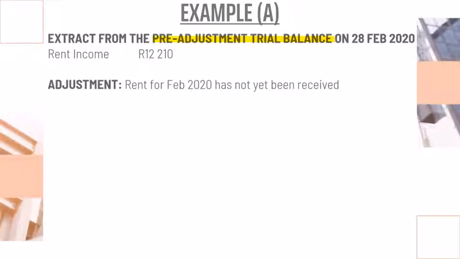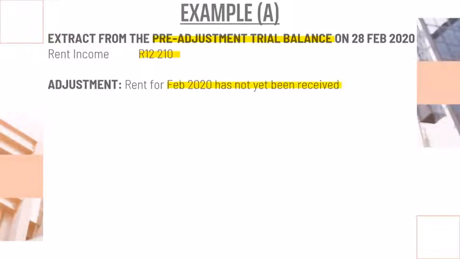The value for rent income is 12,210 Rand, and that's the value that we have received from our tenants in this financial period before we are adjusting it to show the value that we have earned in the last 12 months. Then the adjustment says rent for February 2020 has not yet been received.